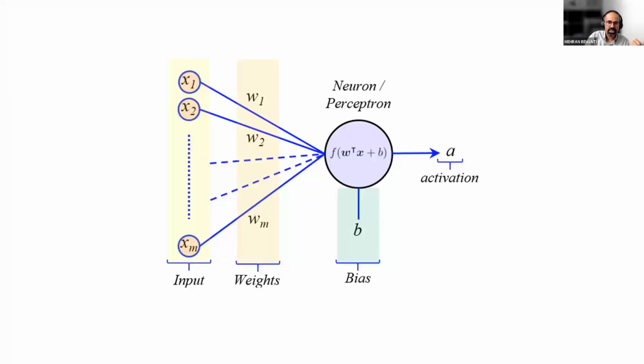As I told you, in each neuron there is a number in the range of 0 to 1. We call this one activation. Activation is simply a value between 0 and 1.